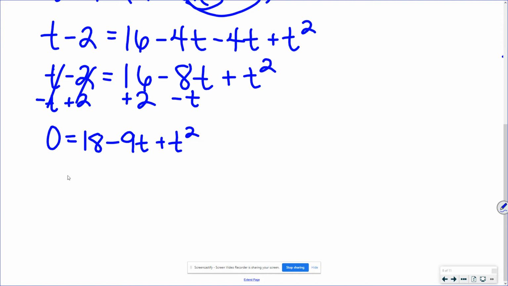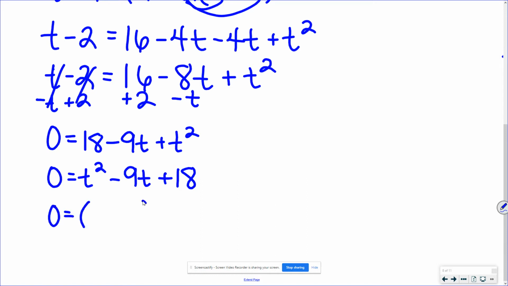I'm going to actually rearrange this so that it looks more normal. We are used to having the squared term first and then the constant value last. So that looks a little bit more typical. And then we're factoring. So one more time with factoring, the way that this works is you're looking for what times what equals 18 that adds up to negative 9.